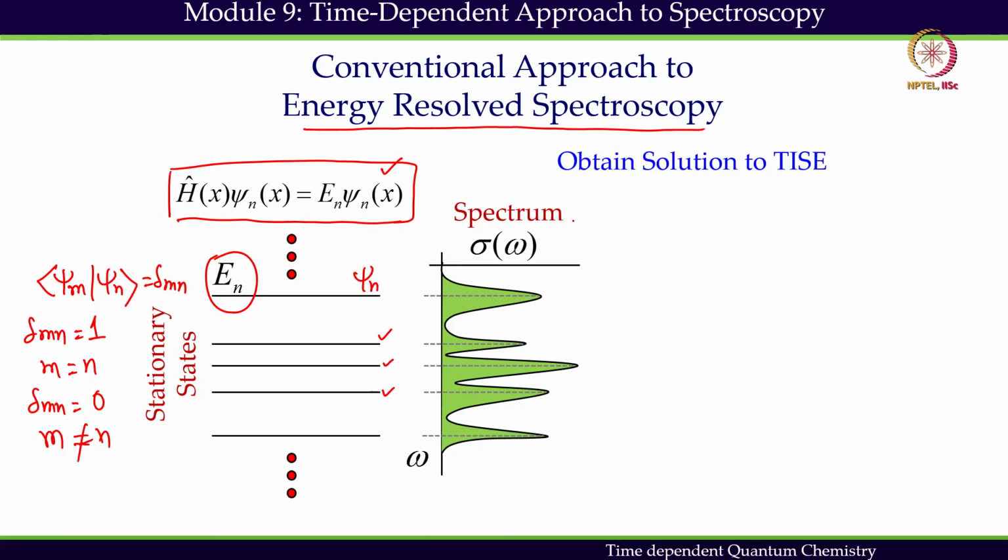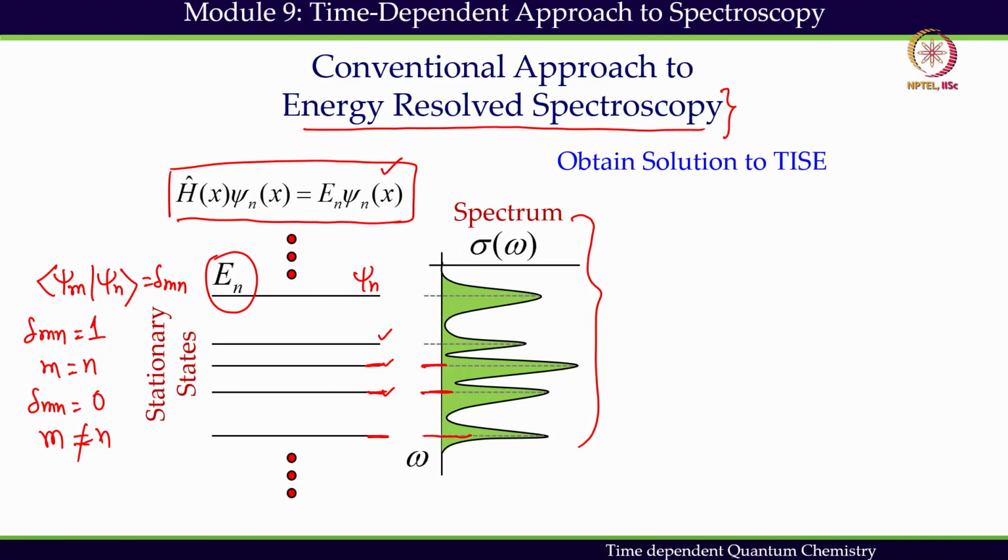So, this is a typical example. If the energy state is here, I can get a structure here. If the energy state is here, I can get a structure here, and so on. So, the solution provides the spectrum of the quantum system because it gives me the energy states, and that is exactly what is important in energy resolved spectroscopy, or in frequency resolved spectroscopy.